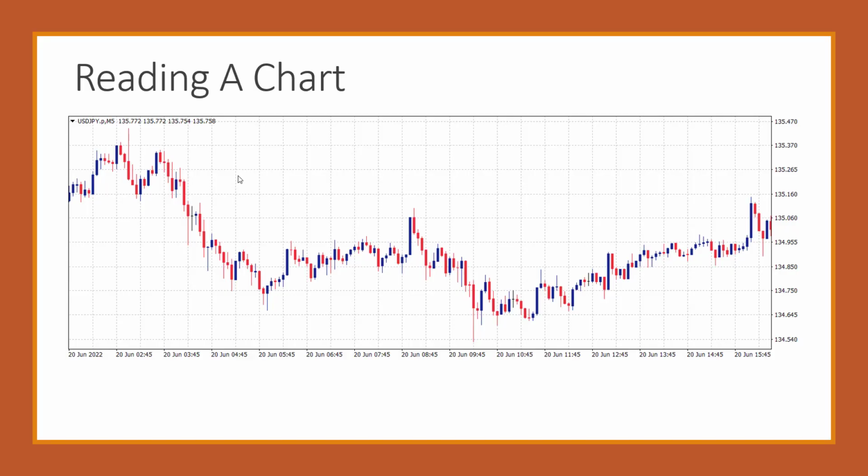Now, other platforms may provide you with some more custom time frames. But again, when it comes to the technicals, it's all about looking at levels which other traders are looking at. So you don't want to mess around with it too much. If these are the popular time frames and the ones that are looked at most frequently, why do you want to go and try and do something different?